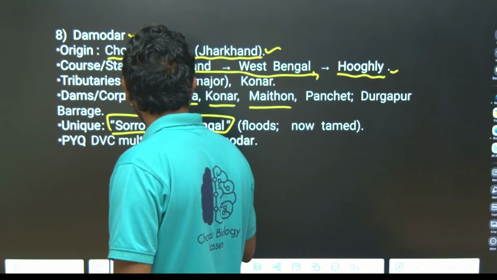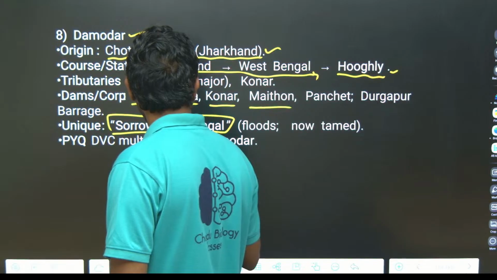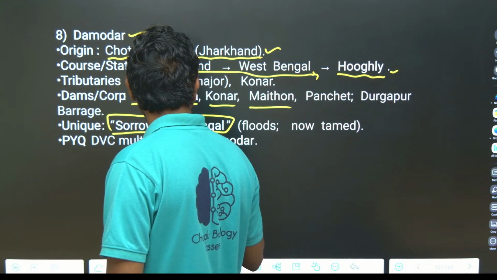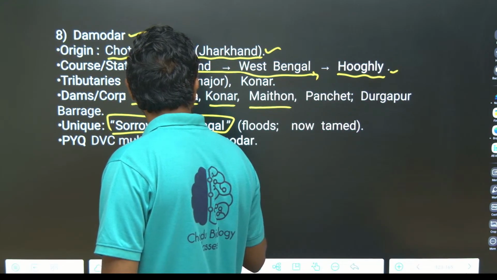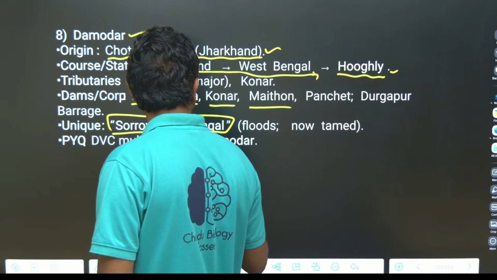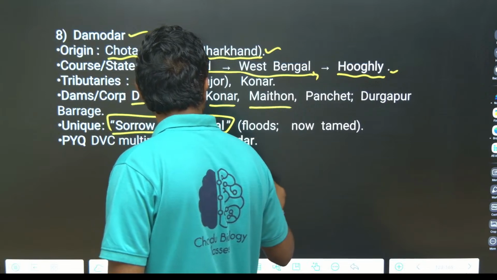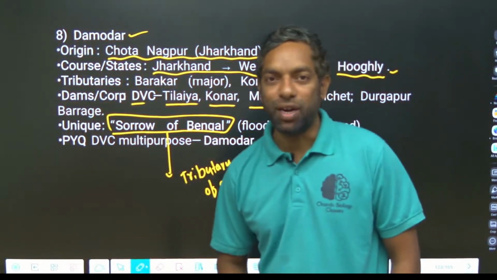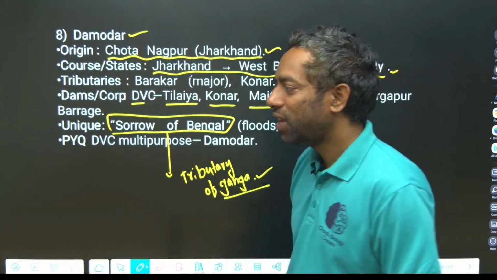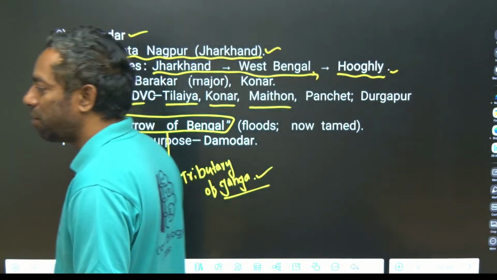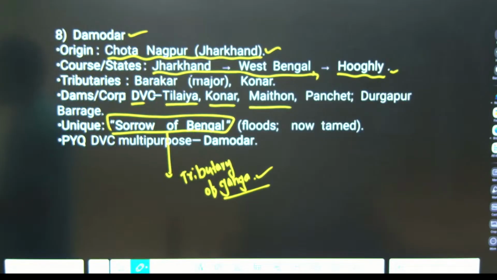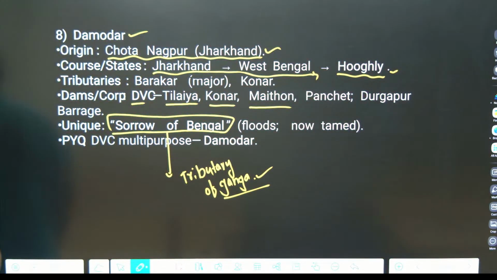It is a tributary of Ganga. The tributary of Ganga, the Sorrow of Bengal, is Damodar River, guys. Most important. Damodar River is the tributary of Ganga, an east flowing river.